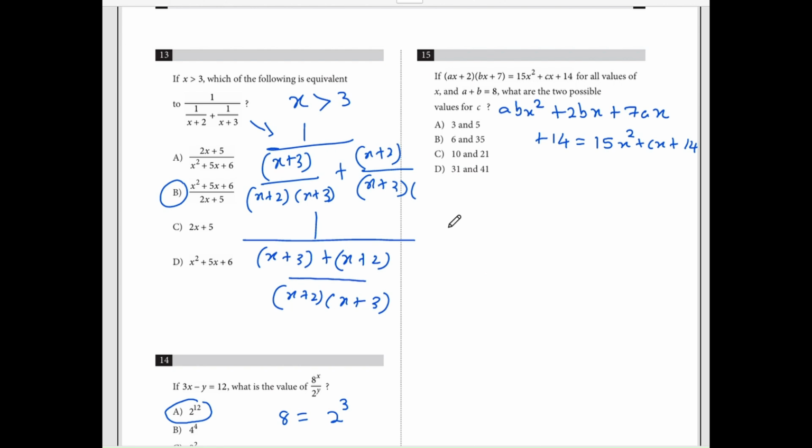And it is abx squared plus (2b plus 7a)x plus 14.